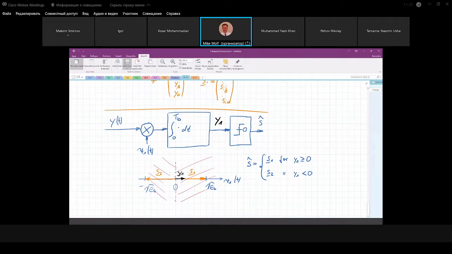So we would assign any vector on the right-hand side to S1 and any other to S2. This is basically what we see here. So this decision, this minimum distance decoding at the end, which is a maximum likelihood decoding, we will see it later. We need just one threshold device, and the threshold is exactly at 0.